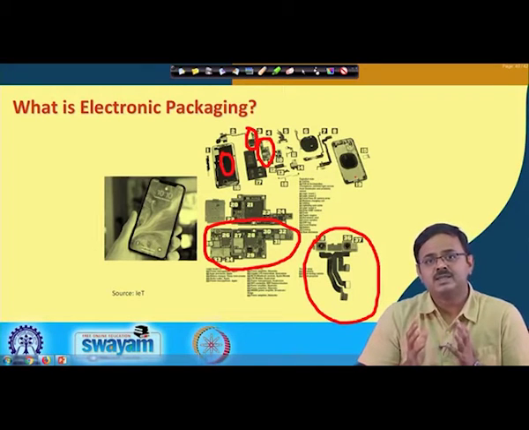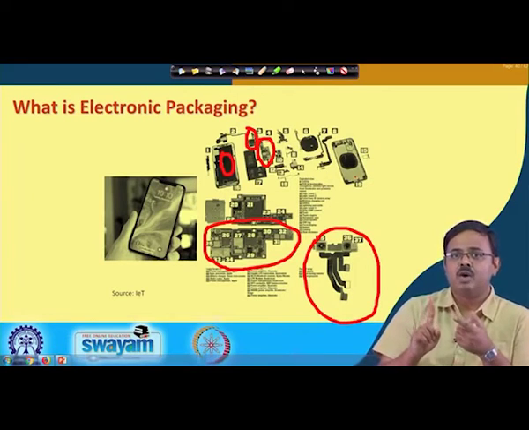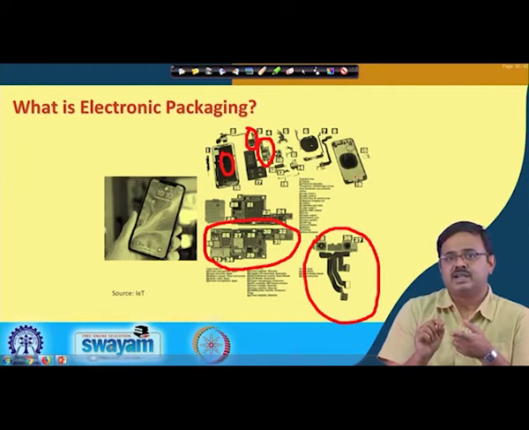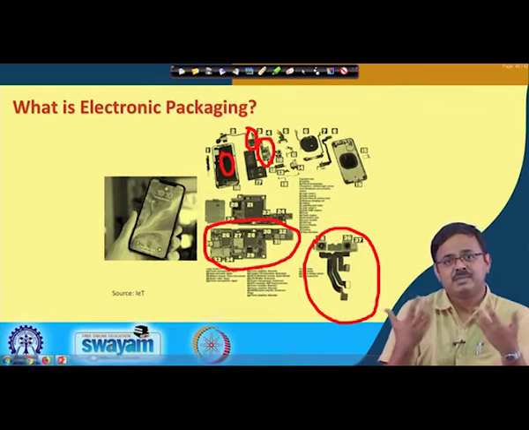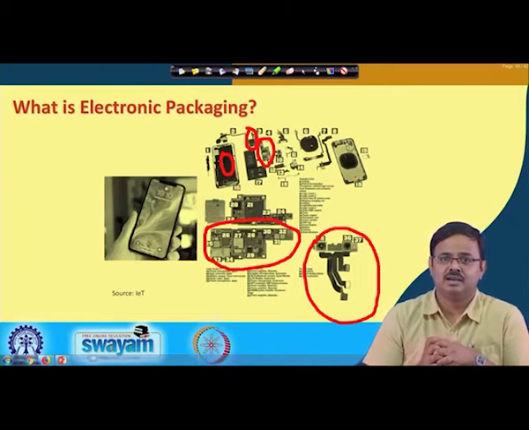So in order to make the smartphone function as per our expectations, number one, all of these components need to perform their individual functions. Number two, they need to perform their functions in perfect harmony with each other, right?